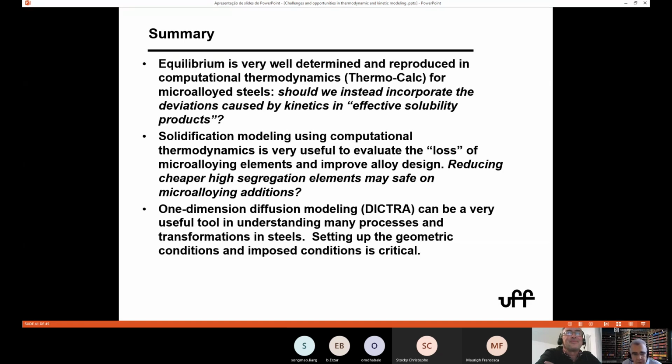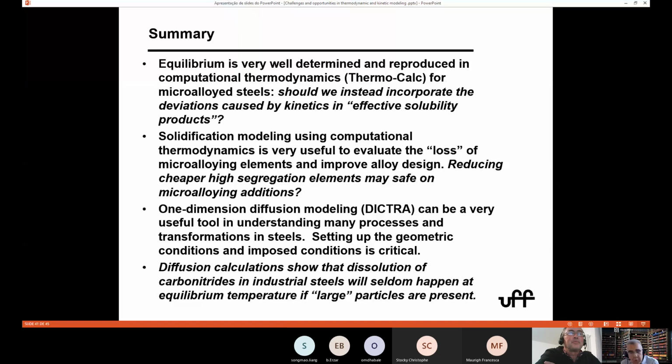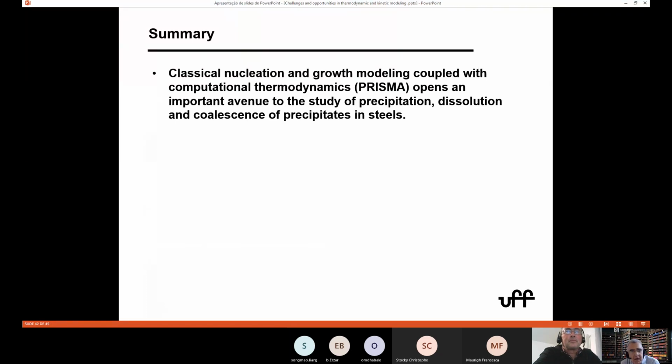Now, one-dimensional diffusion is very useful, in special for solidification and for dissolution. Dissolution was a big game changer here, because when we understood dissolution, we could trim the process much better. And then classical nucleation models like Prisma and like Pandat showed you before, they also have this model, and our Ernst Kozeschnik in Austria also has this wonderful MatCalc.